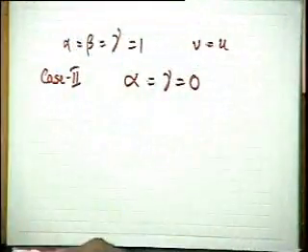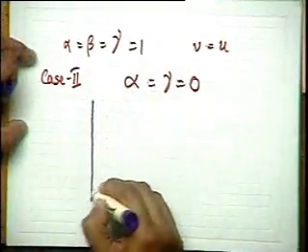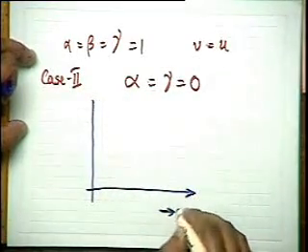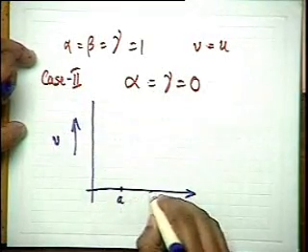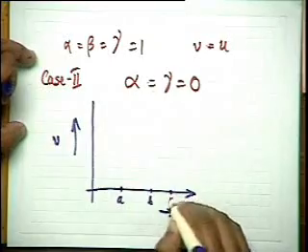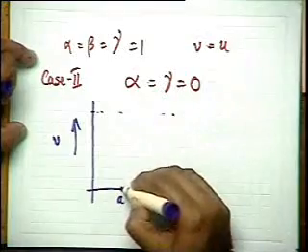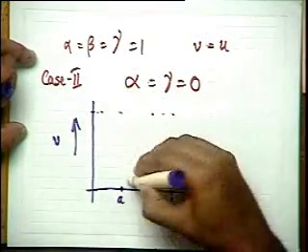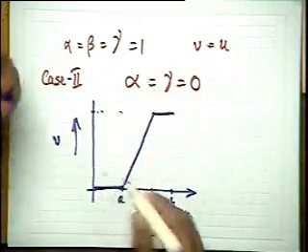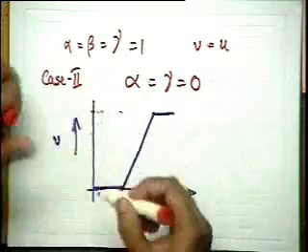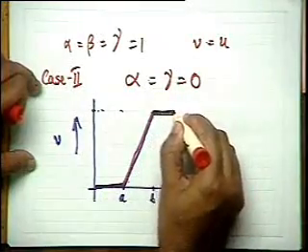Pictorially, it will look something like this. If this is the U axis and this is the V axis, if this is A, this is B and this is L, then between A to B I have a slope beta. Just see, the transfer function is of this nature.